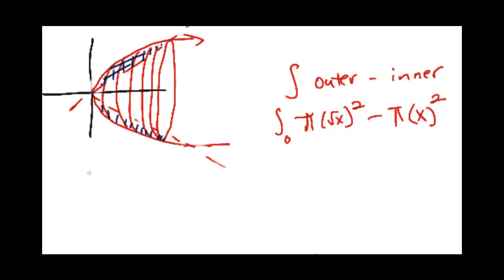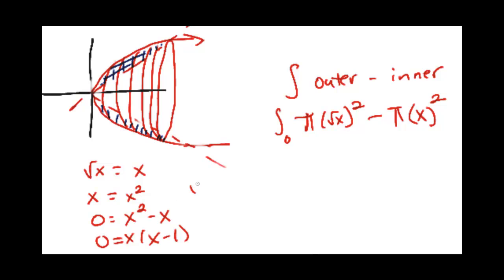We find that by setting the functions equal to each other and squaring both sides, bringing that over to the other side through subtraction, then factoring out the common x. We get that x equals 0 and x equals 1 are the two intersection points.